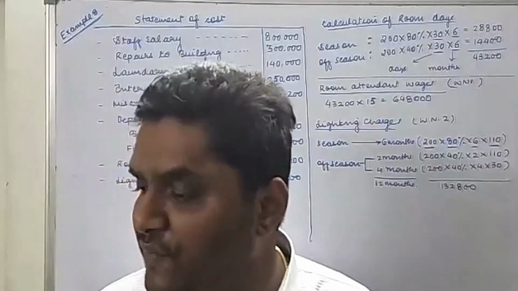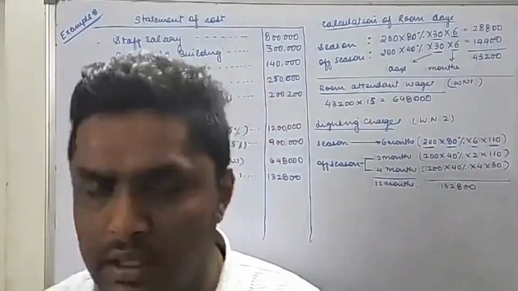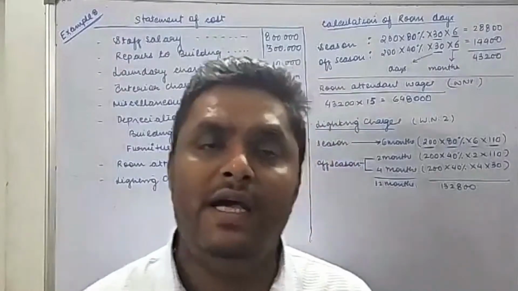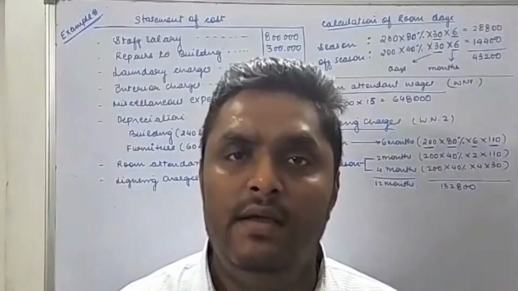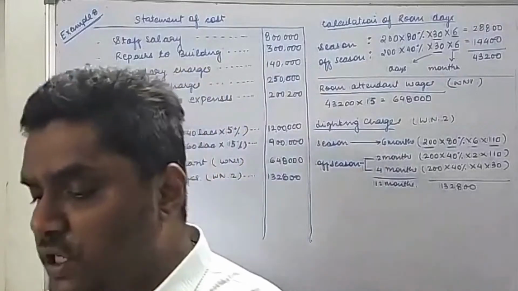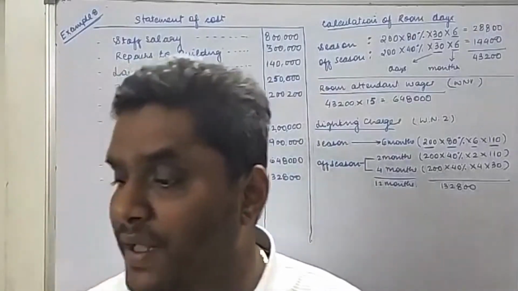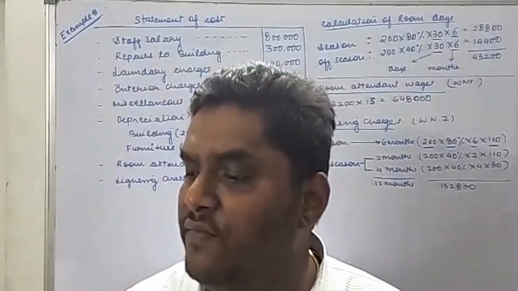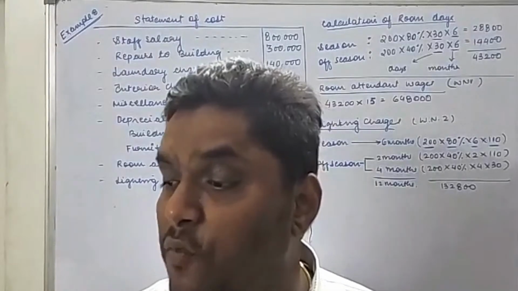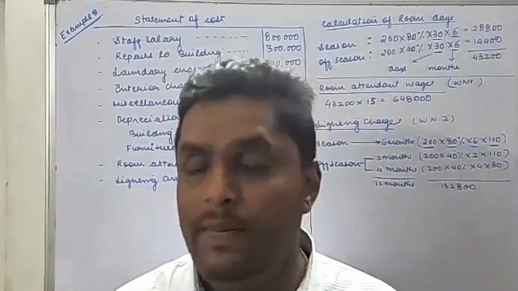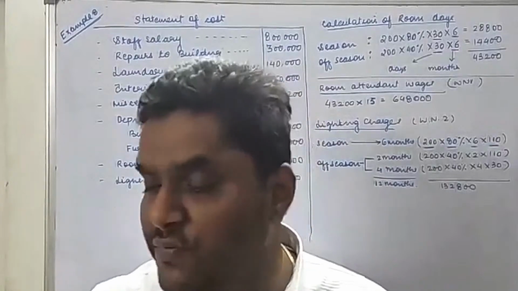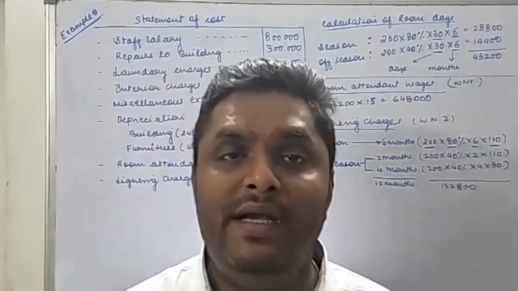Srinivas sir, why bifurcated in 2 months and 4 months? So see, Srinivas, for 8 months the charges are 110. Read the question carefully. Monthly lighting charges are 110 except in 4 months in winter it is 30 per room. So it means for 8 months it is 110.